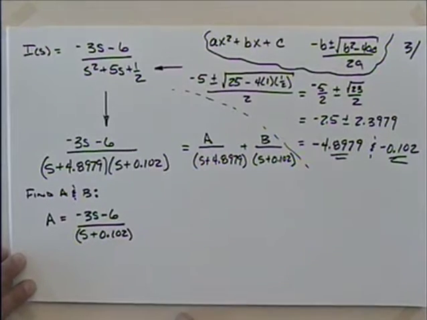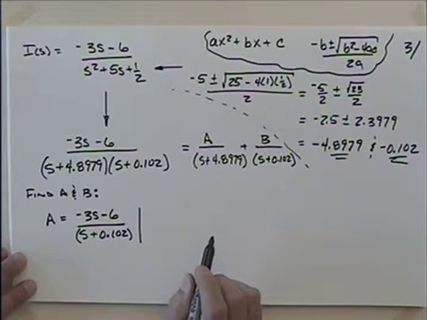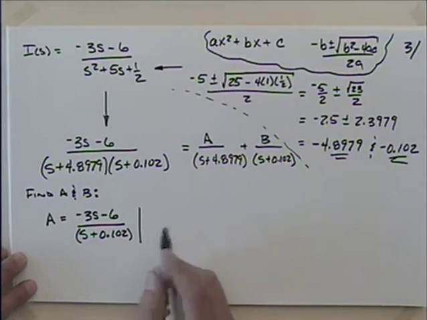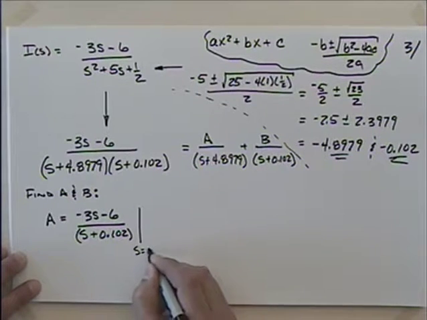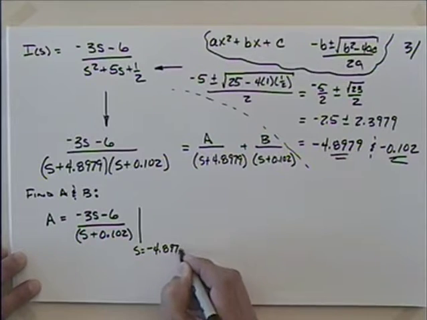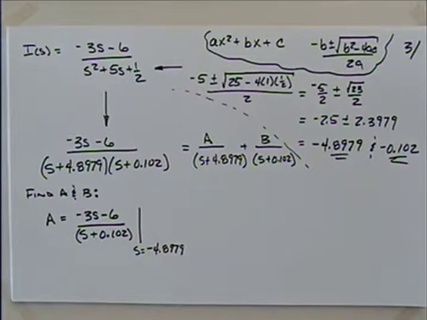Yeah. Okay. And where am I going to evaluate this? If I multiplied both sides by that, I want to evaluate this at s equals minus 4.8979. Is that right? Is that what they're talking about in math? You really not include b in solving for it?